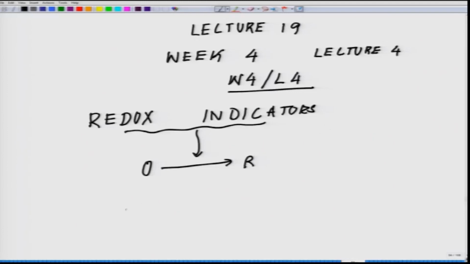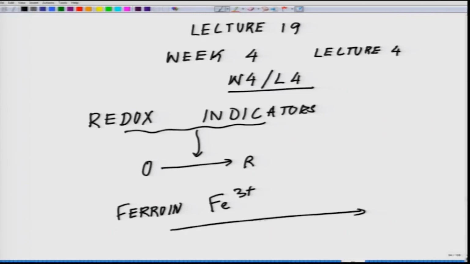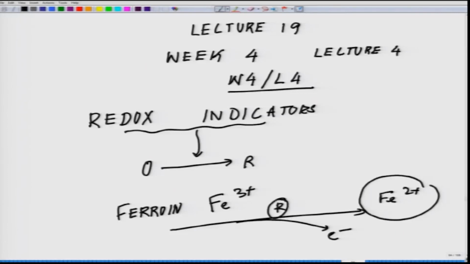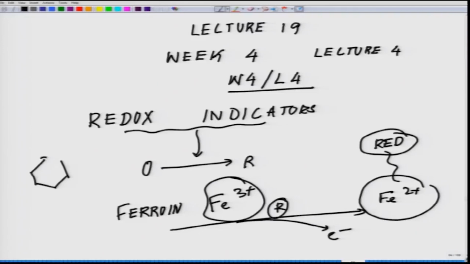So, in other words, what is happening in ferroin is iron, which was in Fe3+ state, is gaining an electron and becoming Fe2+, and because of that reduction reaction, this is red in color, whereas Fe3+ is pale blue or almost colorless. And ferroin is something like this.